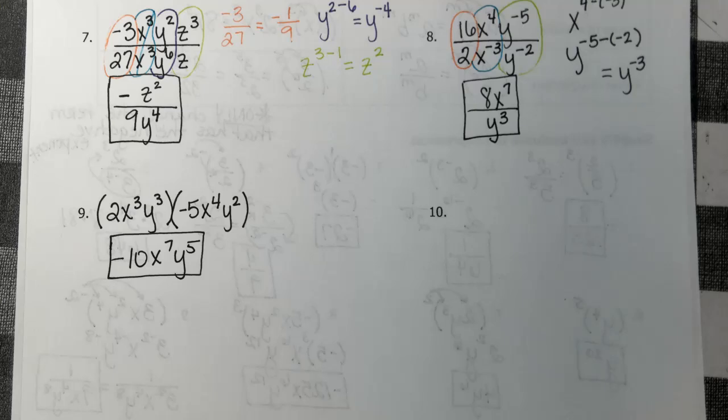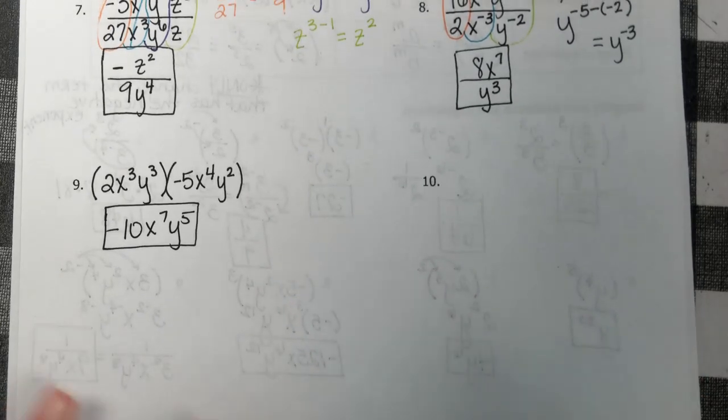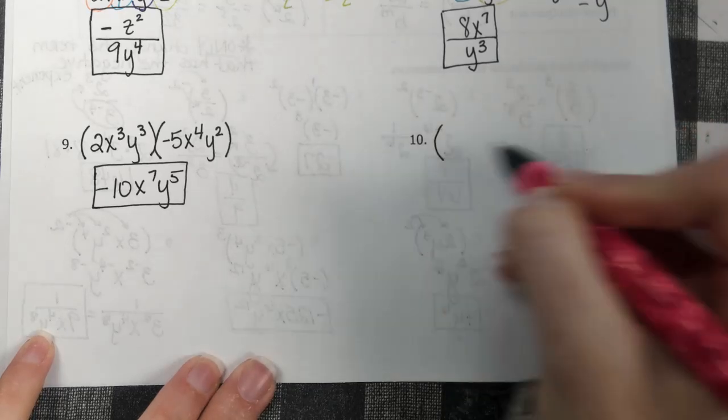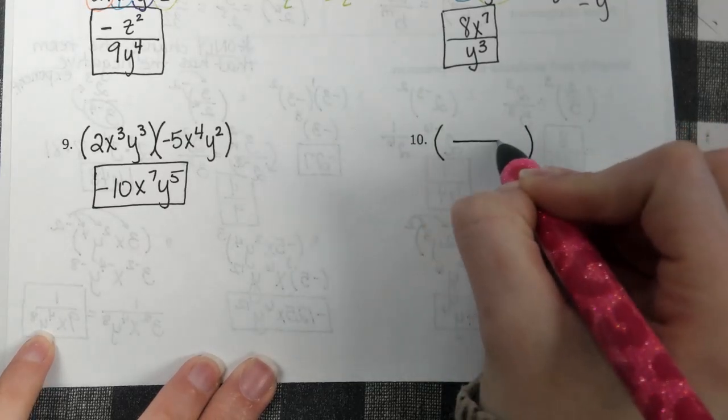All right, number 10 is a large one. You have to get it down. Okay, so if you've zoned out, I need you zoning back in. So you're gonna have a fraction within parentheses.